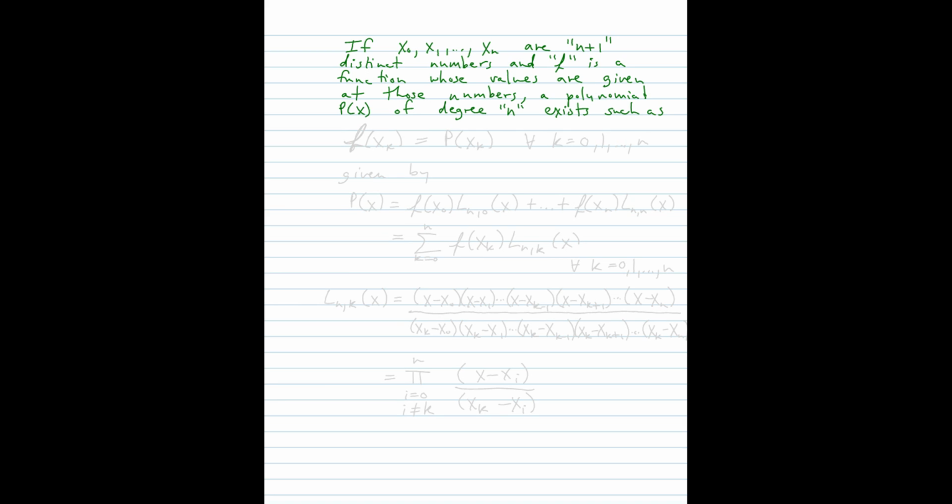So that would look like f of xk equals p of xk for all k equals 0, 1 through n.